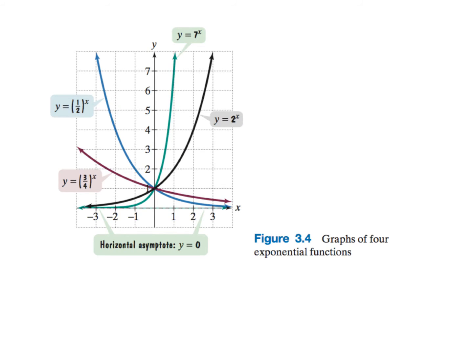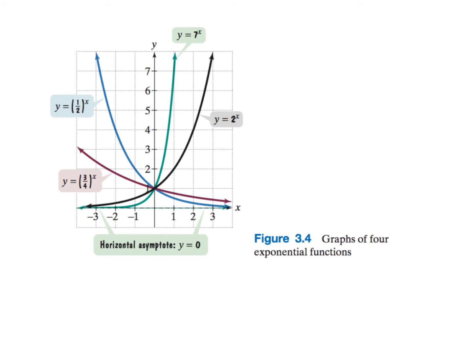So this is a very helpful graph of 4 different exponential functions. And what I'd like you to notice here is when they go from 0 up into infinity, the two functions are 2 to the x and 7 to the x. And those are when the base is greater than 1, we have that sort of exponential increasing.